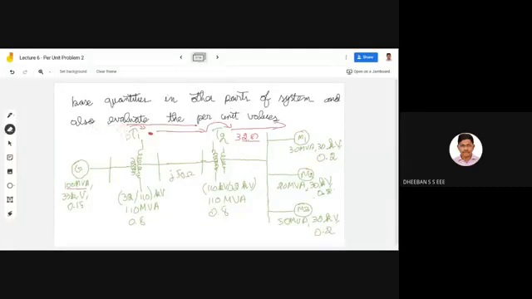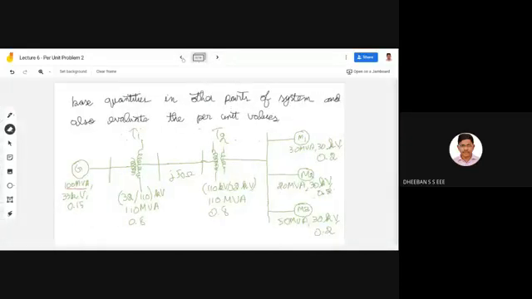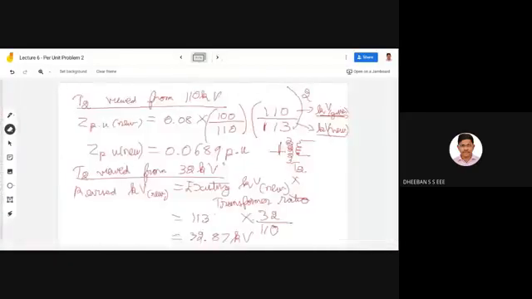Now what we'll be doing is drawing the reactance diagram, based upon the per unit values we have got. Here you have to see there is one generator, transformers, followed by 3 motors. So how can we draw the reactance diagram?